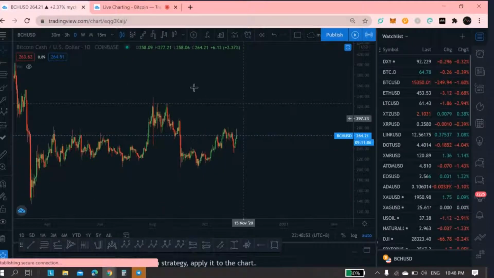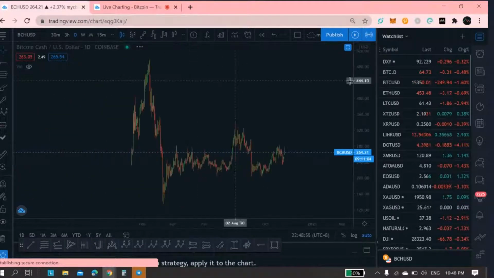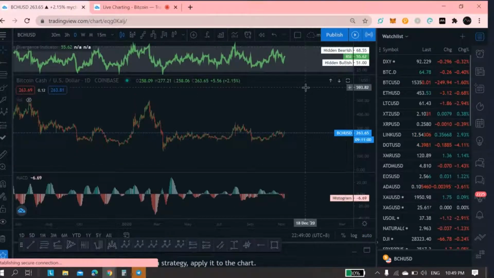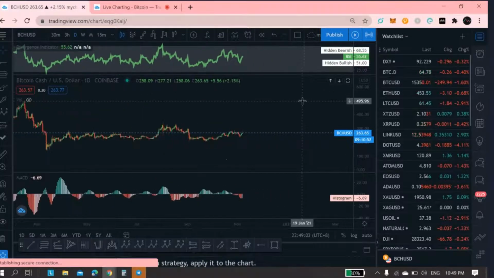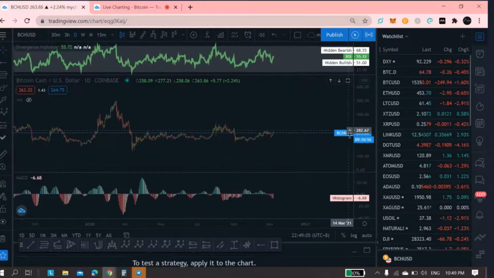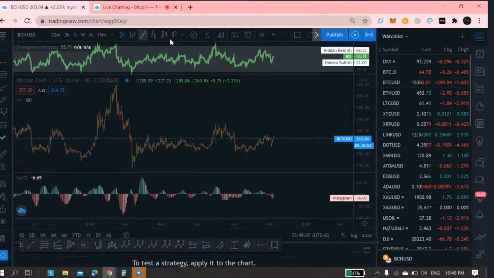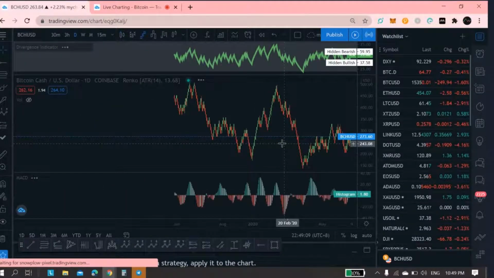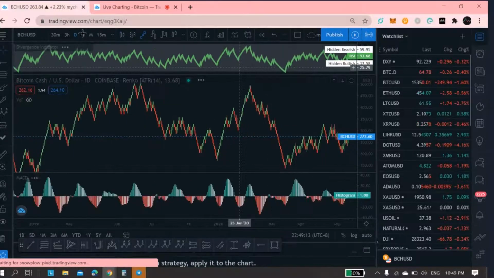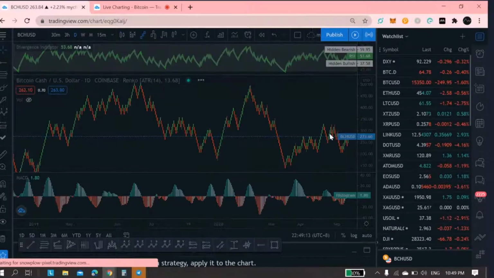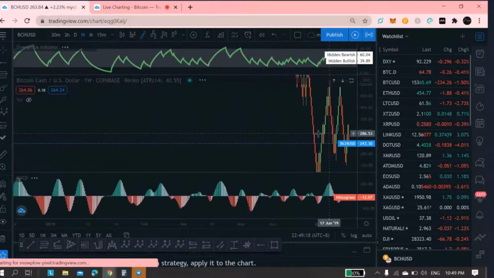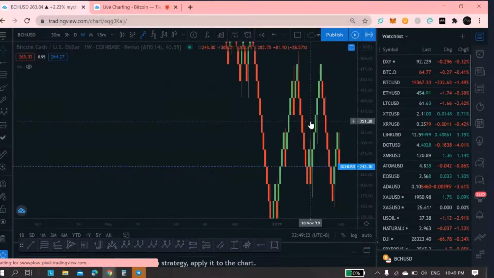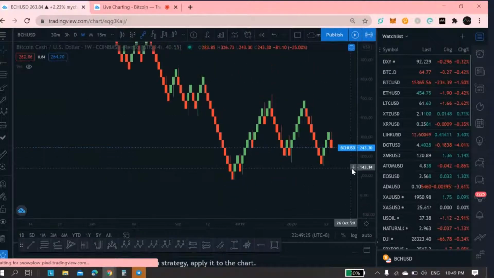Anyway, for this one, let me try to use the Renko chart here. And let's check the long-term time frame. Because actually I'm not trading Bitcoin Cash.